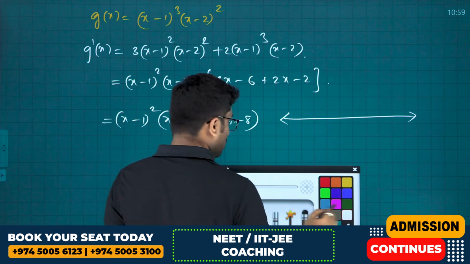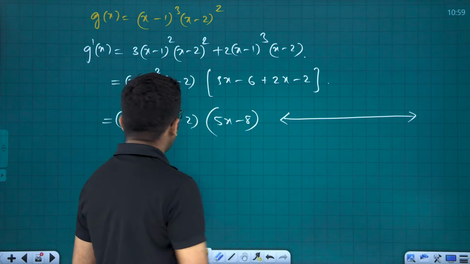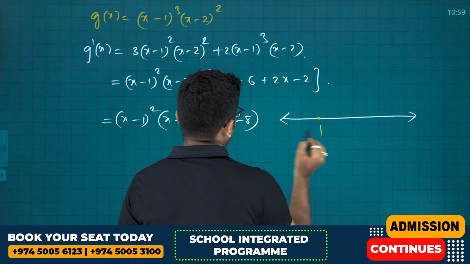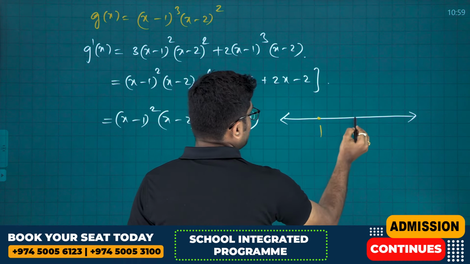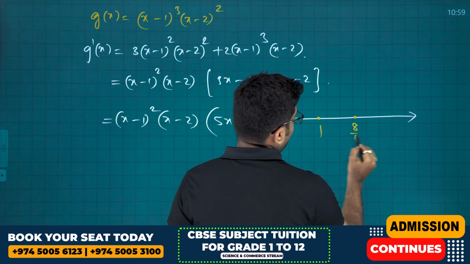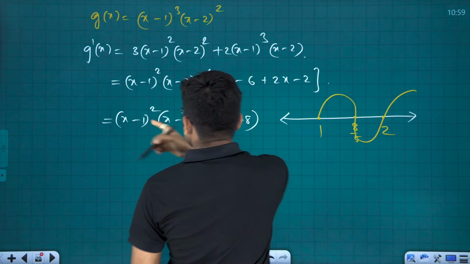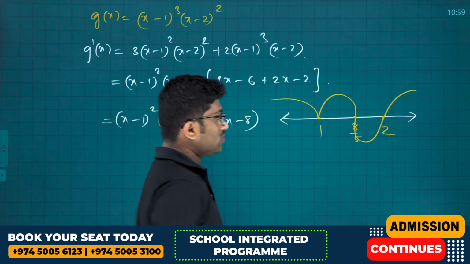We have got how many critical points now? One is 8 by 5. One is 1. 8 by 5 is a value which is greater than 1 but less than 2. So 1, 8 by 5 and 2. As x minus 1 has even power, it is only this one.